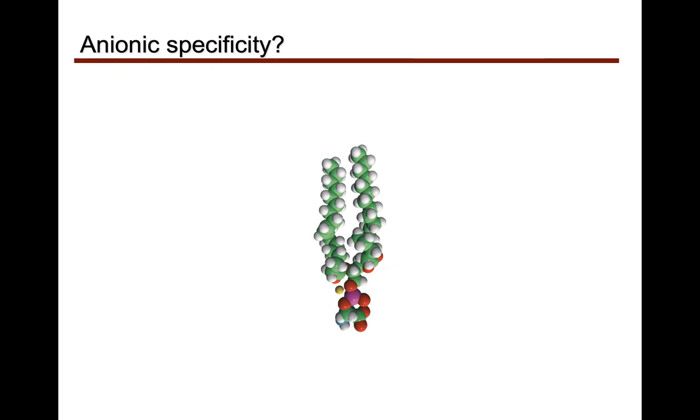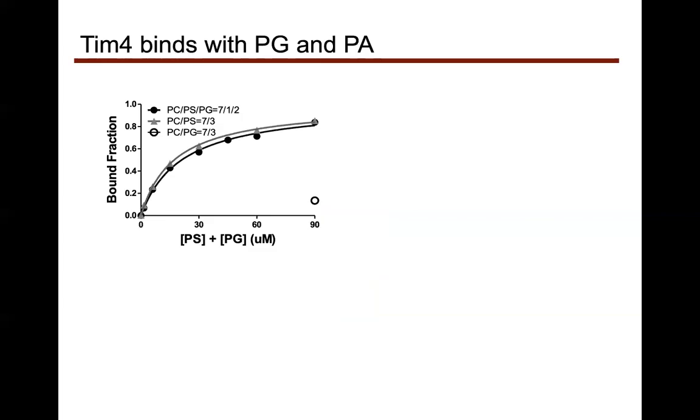But is PS necessary to stabilize the surface binding of the protein, or can PS be switched out by other lipids on the surface that have that anionic specificity?